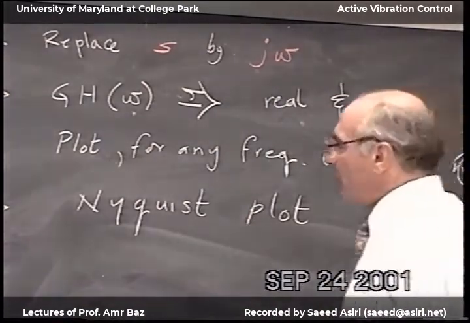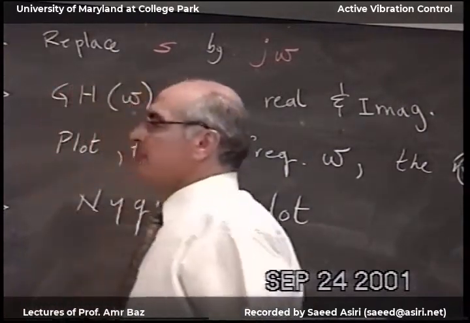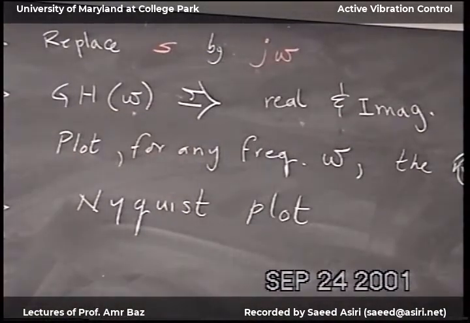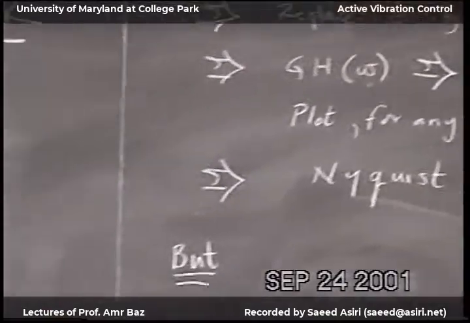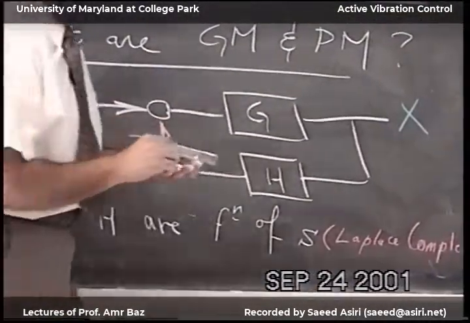Okay. Now, we have to keep in mind that the transfer function of this system, for example, output over input for a negative feedback.